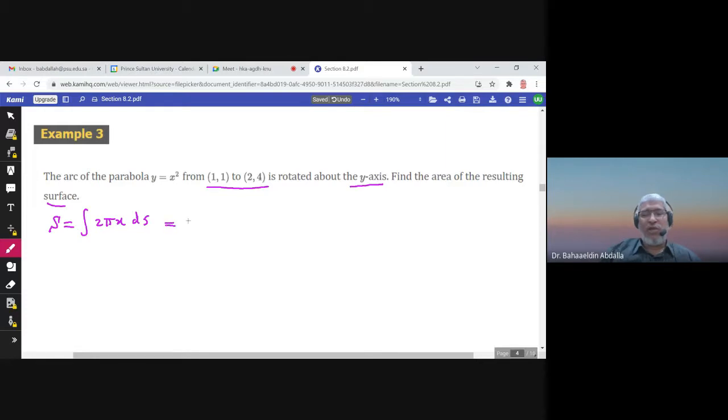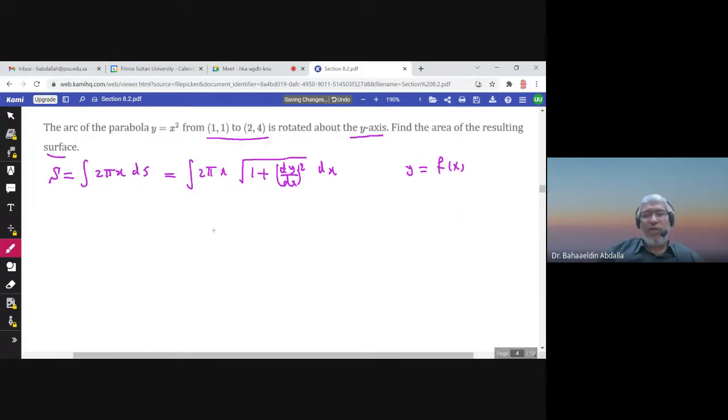So first, let me find the integral with respect to x. With respect to x, ds would be written as square root of 1 plus (dy by dx) squared. And in this case, I need y to be written as a function of x, which is the case.